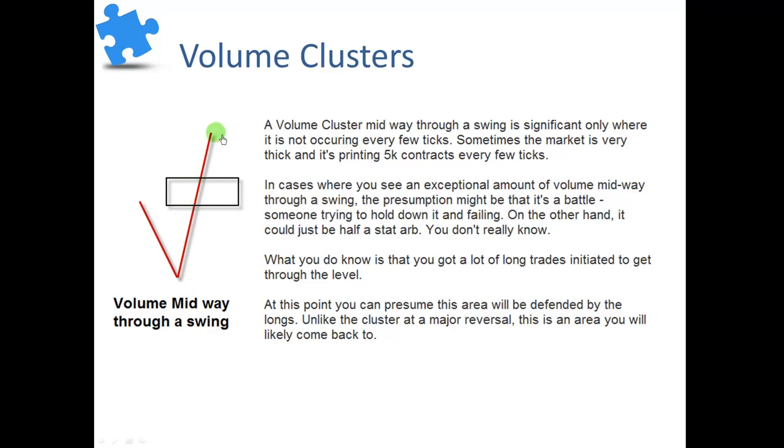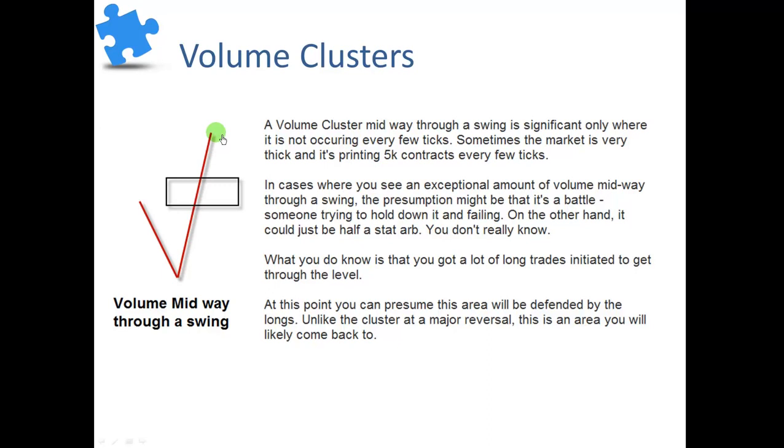Now, volume clusters must be exceptional volume, and it's exceptional volume relative to what's printing that day. So if you see 10,000 contracts go off at a price, and all other levels that day have traded 9,000 contracts, it's not significant. Now, a cluster midway through a swing is usually, and probably obviously, accompanied by a pause.